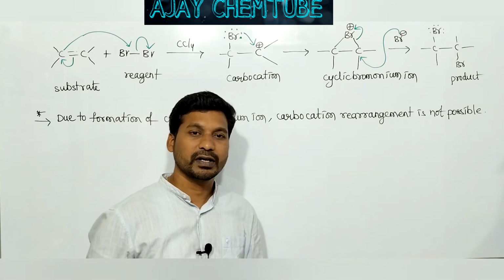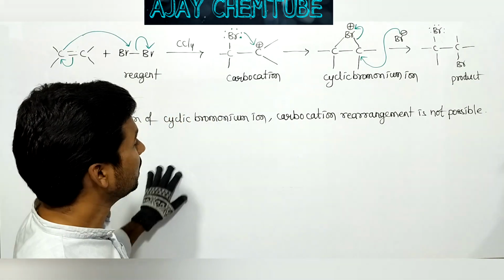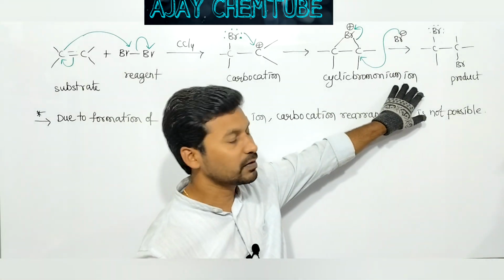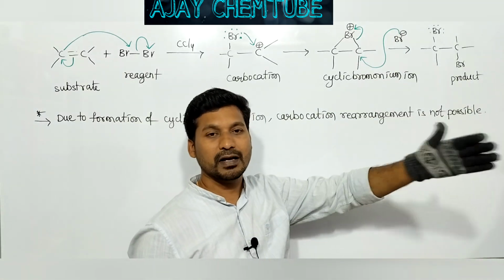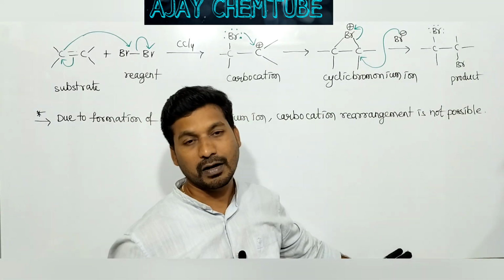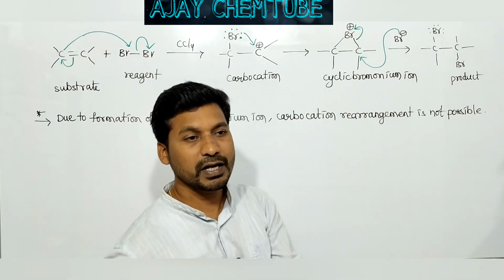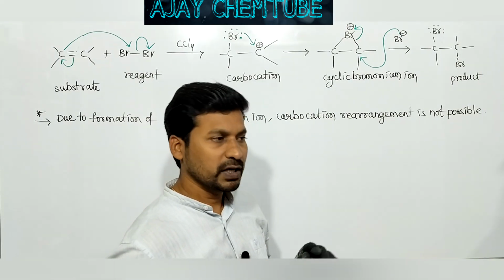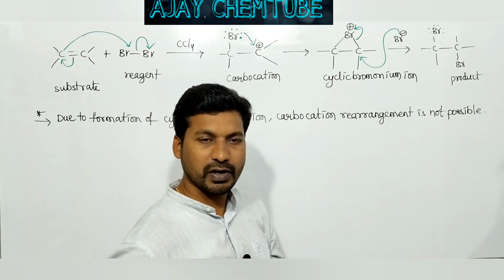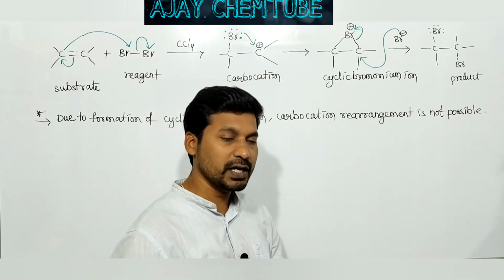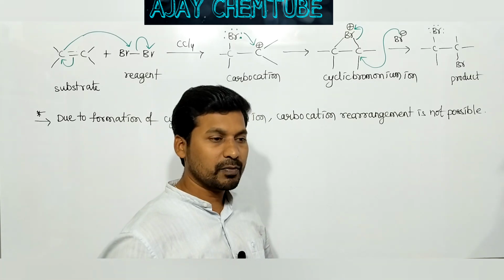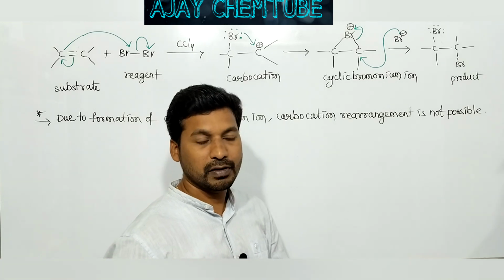Next, third point: due to formation of the cyclic bromonium ion, carbocation rearrangement is not possible. Of course, the intermediate is a carbocation, but rearrangement is not possible. In other cases, if a carbocation is an intermediate, it rearranges. An unstable carbocation rearranges to a more stable one.